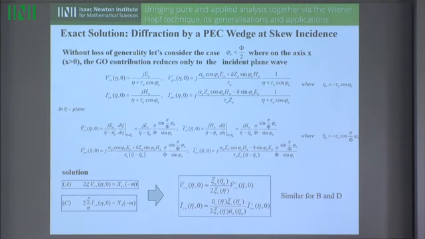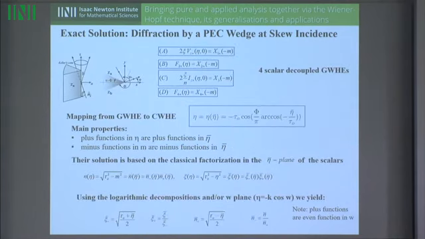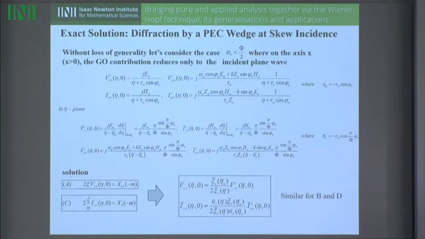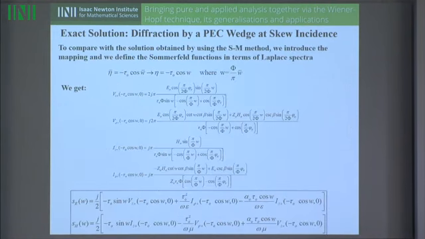Okay. A similar relation can be done for the other two unknowns, the V rho plus and the I rho plus, from equations B and D, that were reported here. B and D are expressed in terms of f and x, and f of x were a combination of the spectral unknowns.